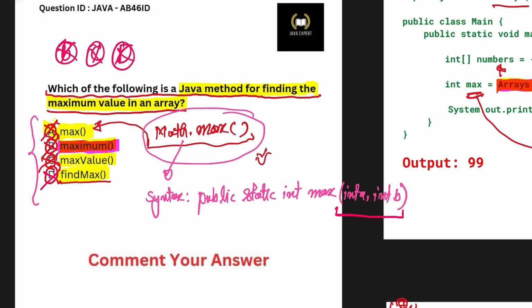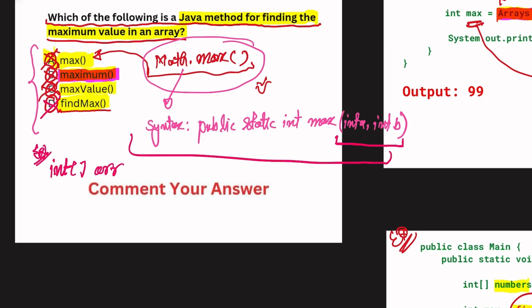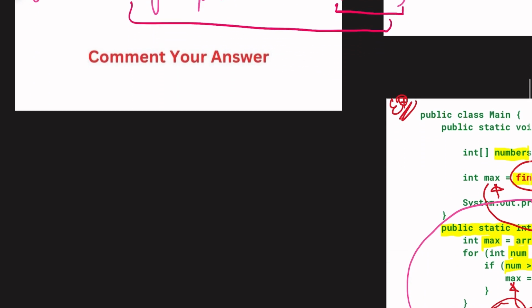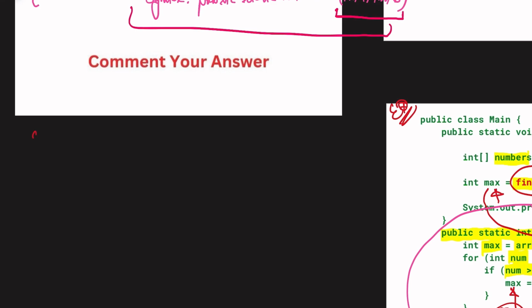So that is why you can't say option A is correct. If I show you the implementation, this is the example I'm taking, an integer array. Let me write here for the example.